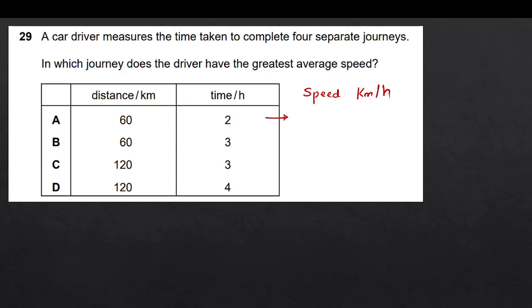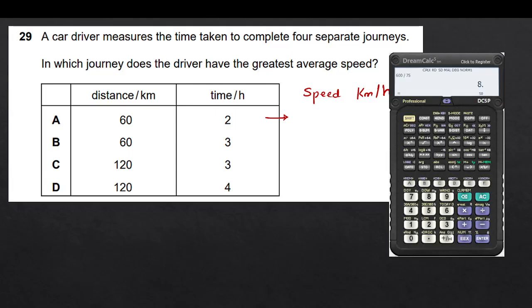For this, you can use your calculators. So 60 divided by 2 is 30. For the first one, it is 30 kilometer per hour.